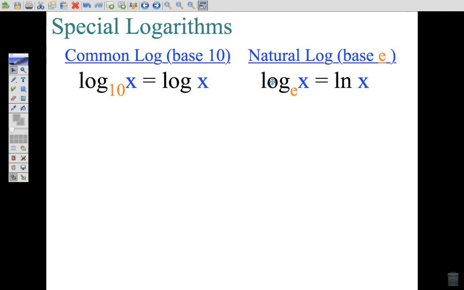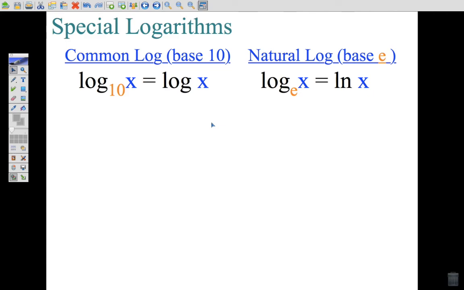When you have a log base e, remember that's Euler's number, log base e of x, you're finding a natural log. e was that natural base, so you're looking at log base e of x. And the shortcut for that is taking the natural log of x, and we'll just abbreviate it ln of x.